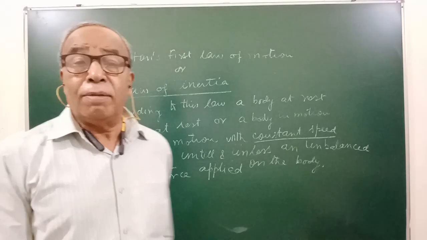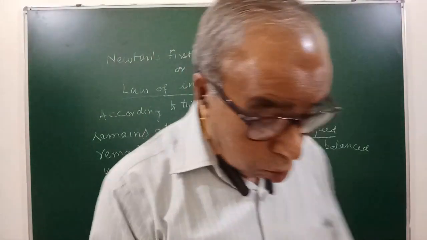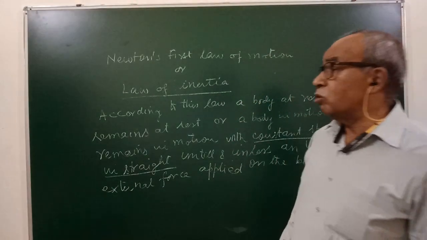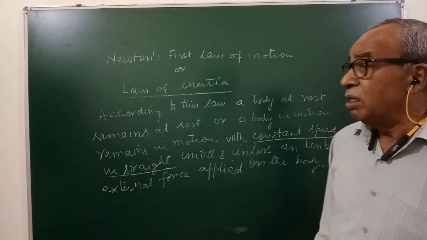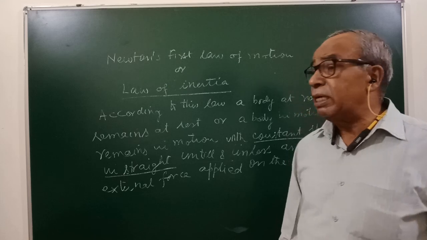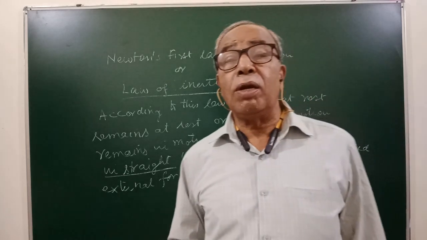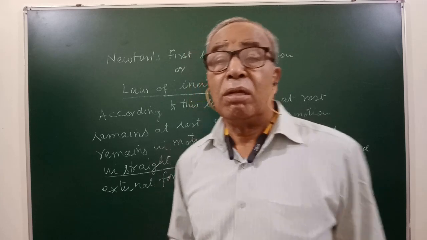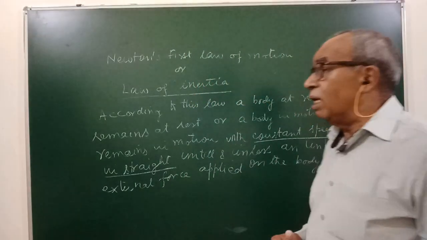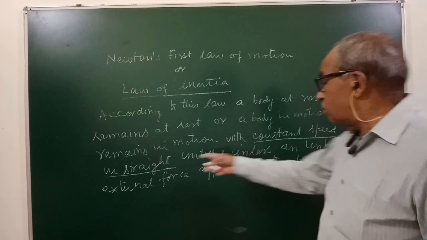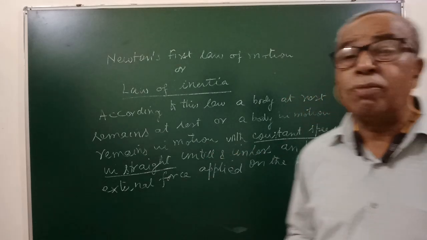Because, I told you, force is that cause which can change the state of motion or state of rest. The state of motion can be changed by changing the direction of motion. So the direction of motion will also not change until and unless an unbalanced force is applied on it. Constant speed in a straight line means constant velocity.